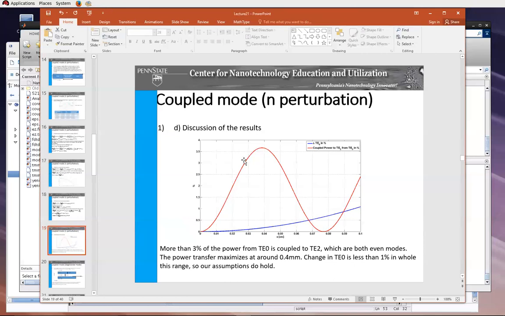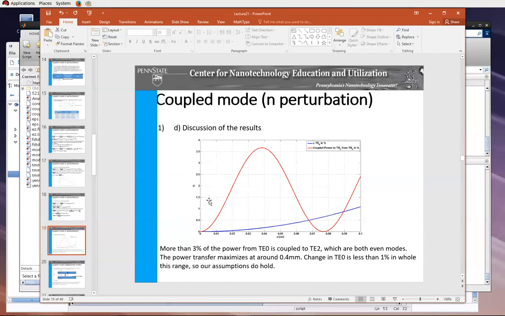We know that the second order mode will be excited by the zeroth order mode, because they're both even. And how much would it be excited? At max it would be excited by slightly higher than 3.5%. And during this whole thing, even if we propagate by 0.1 centimeters, we will still have a change less than 1% for the zeroth order mode amplitude itself. So we can safely do our assumptions rigorously here.